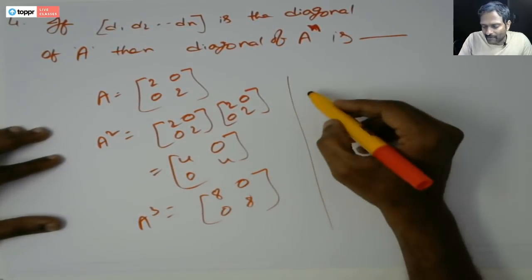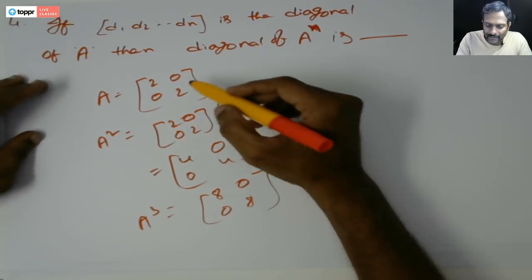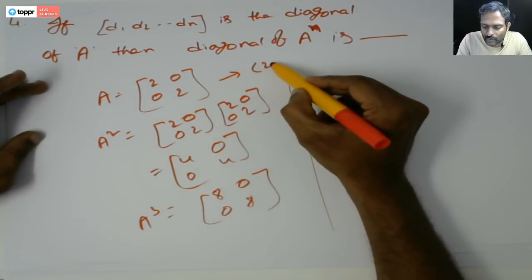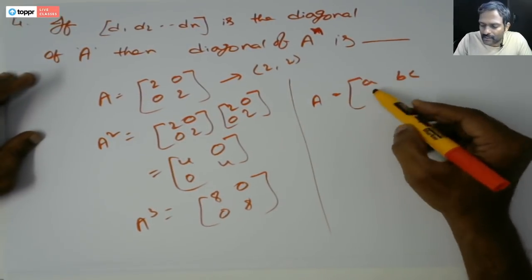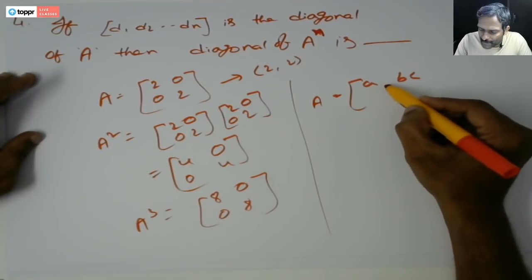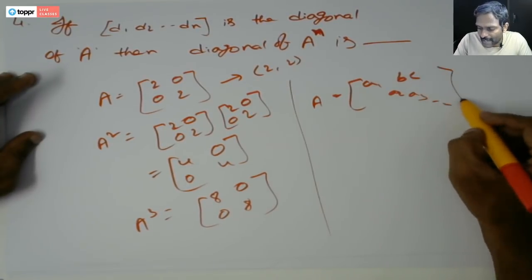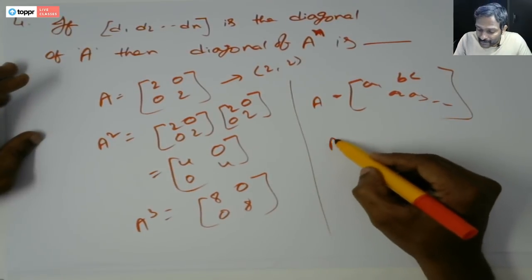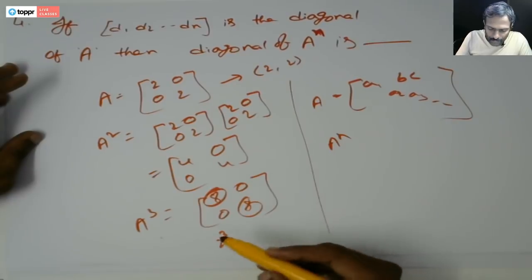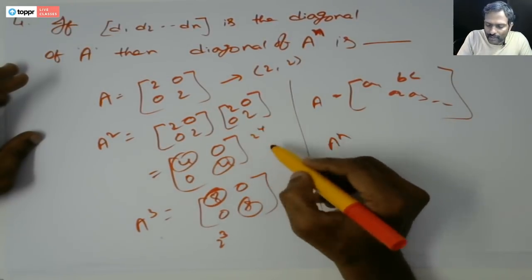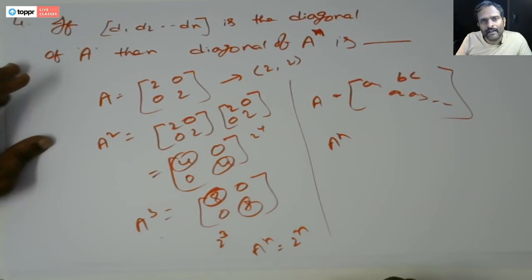So when I have a diagonal matrix of any order, say with diagonal elements A1, A2, A3 and so on, then A power n follows a pattern. A square has 2 square, A cube has 2 cube, then 2 power 4. So A power n will have 2 power n.